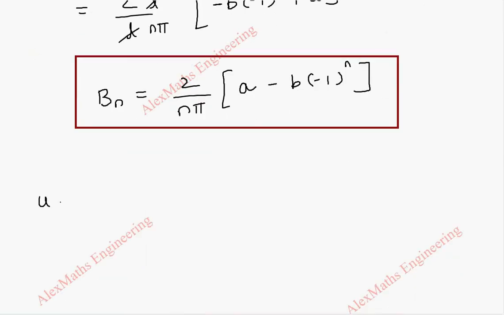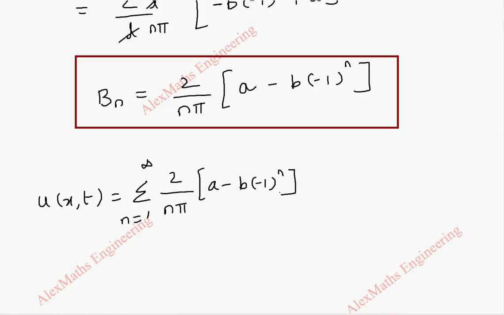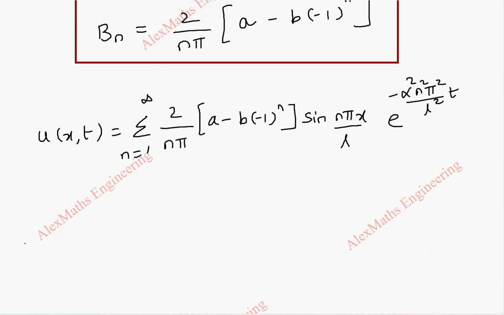So u(x,t) is the summation n is from 1 to infinity of Bn, which is 2 by n pi, a minus b times minus 1 whole power n, then sin(n pi x by L) e power minus alpha square n square pi square by L square into t. The constants can be taken outside the summation.